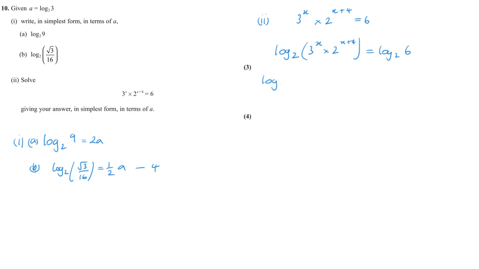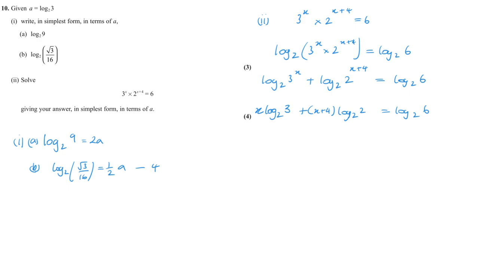So this is log to the base 2 of 3^x plus log to the base 2 of 2^(x+4) equals log to the base 2 of 6. So this is x log 2 of 3 plus (x plus 4) log 2 of 2 equals log 2 of 6.